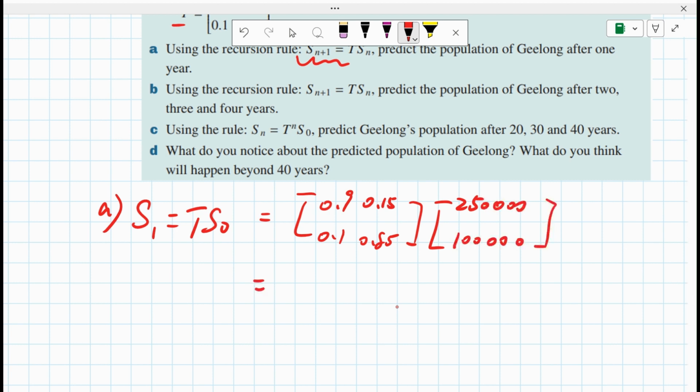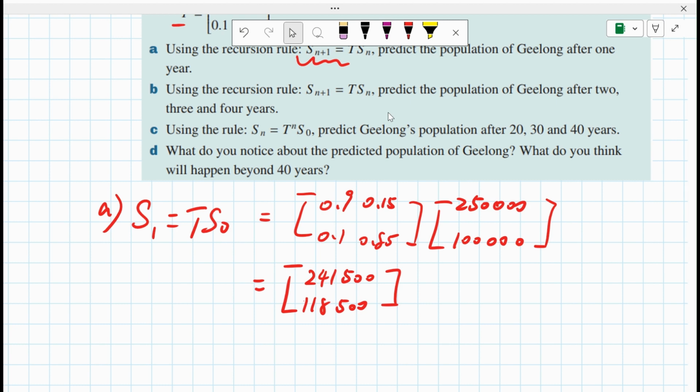We're going to use the CAS calculator to calculate it. It turns out that's equal to 241,500 people and 118,500 people. That's it. And then we're going to move to 2, 3, and 4 years.